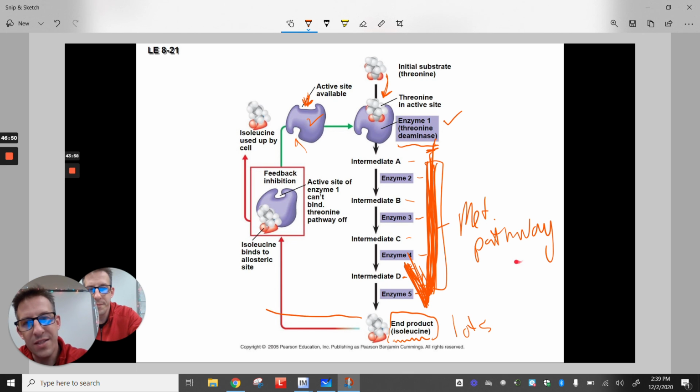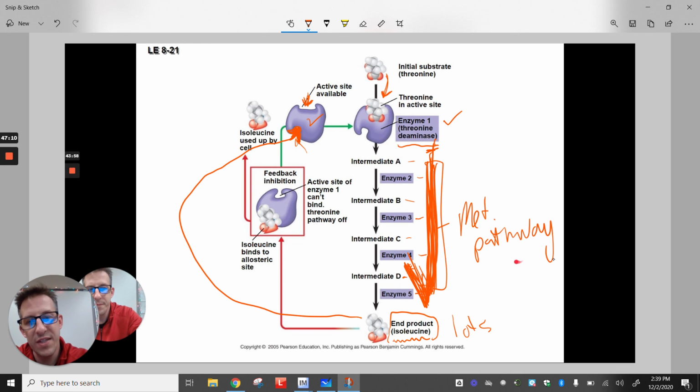Isoleucine is going to act as the non-competitive inhibitor for the original enzyme. Isn't that interesting? This isoleucine is specifically shaped so that it will fit right in here, into this kind of secondary active site.